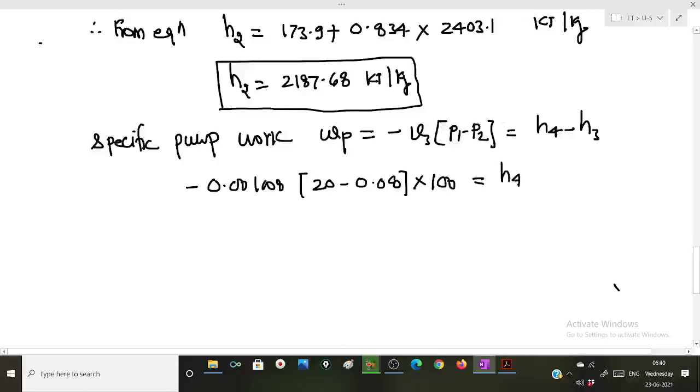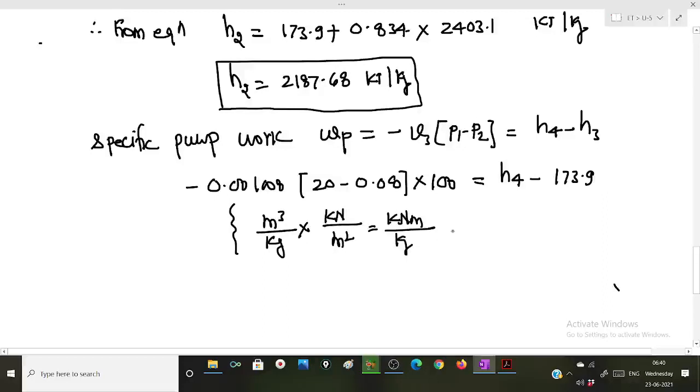I want to calculate H4 and the value of H3 is 173.9. If you do the unit calculations, you can understand why I have multiplied by 100. Kilopascal is nothing but kilonewton per meter square. This will become kilonewton meter per kg, so this becomes kilojoule per kg.